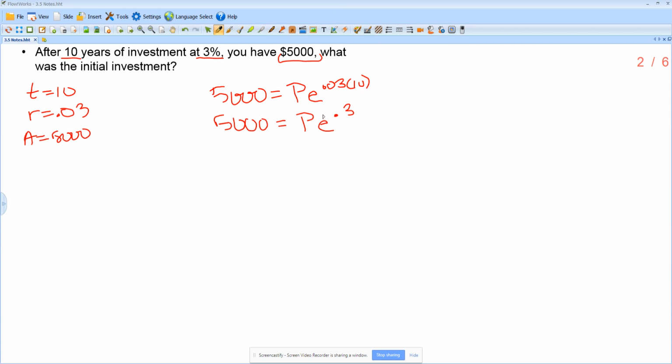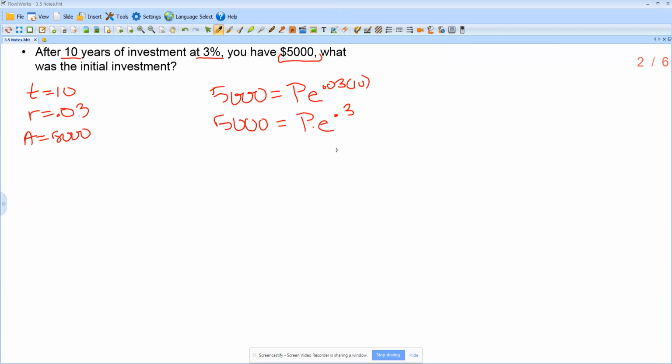I just multiplied those. Now, if I'm trying to solve for P, I don't need to introduce natural log in this case because I'm not trying to get rid of the exponential function and be left with just the exponent. The variable isn't in the exponent. What I really have here is P times e^(0.3). e^(0.3) is just a number.